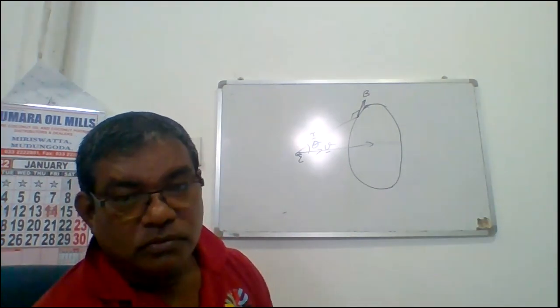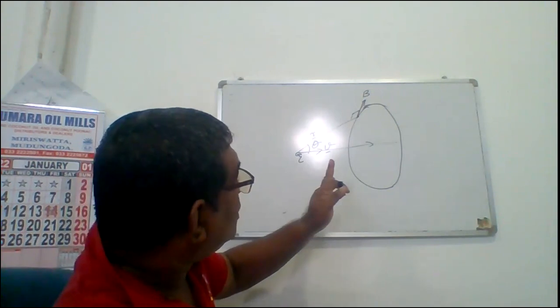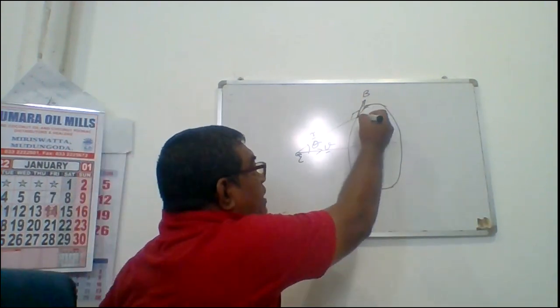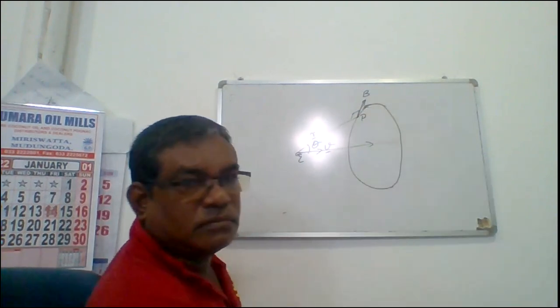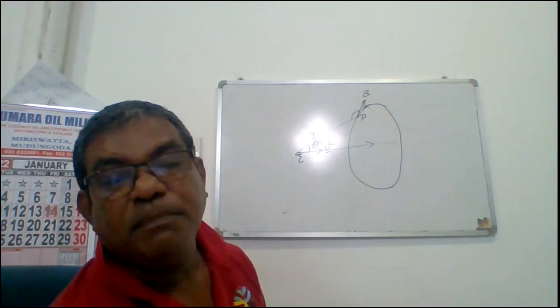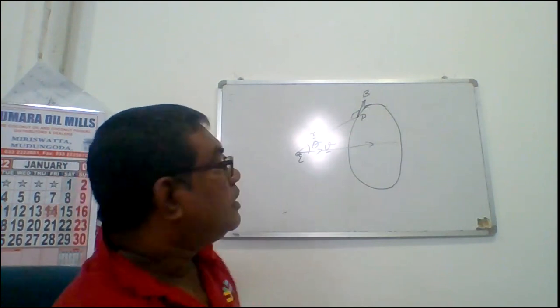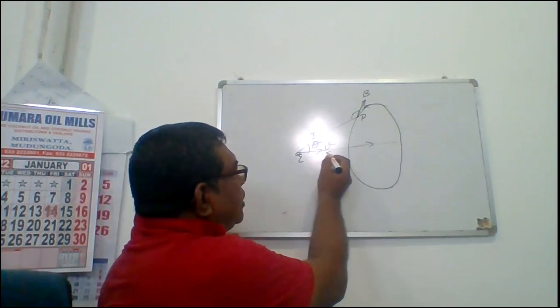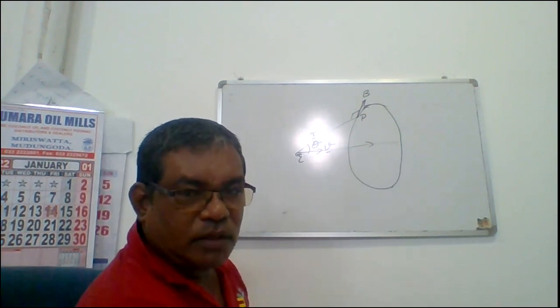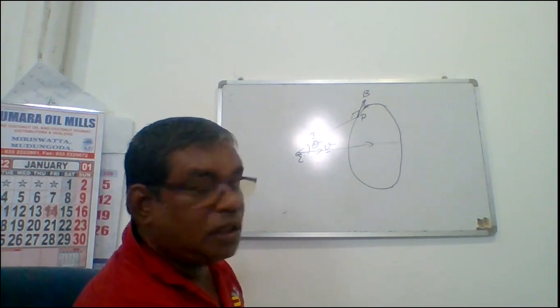Now, because of this charge, we want to find the magnetic field somewhere here, at point P. The charge is moving in this direction with velocity v, right?